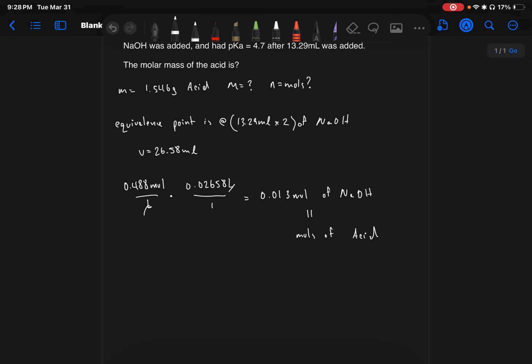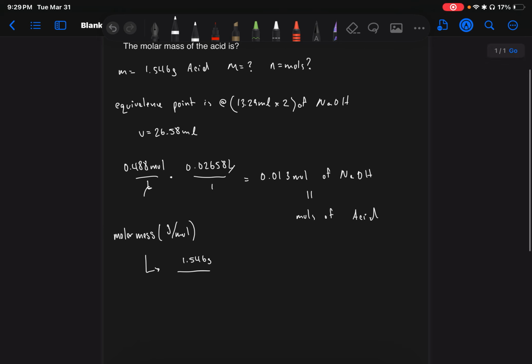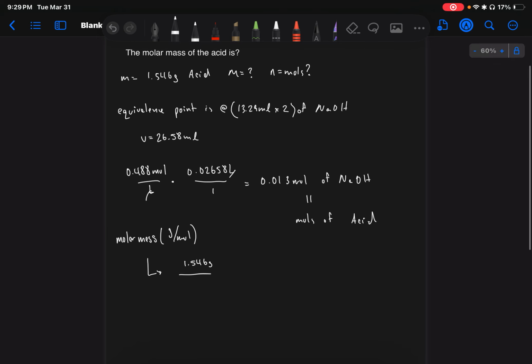So if we know moles of acid, we just need to find out the molar mass. Molar mass is grams per mole. So what's the grams? 1.546 grams of acid divided by the number of moles of acid, which is equal to the moles of base, because we're at the equivalence point.